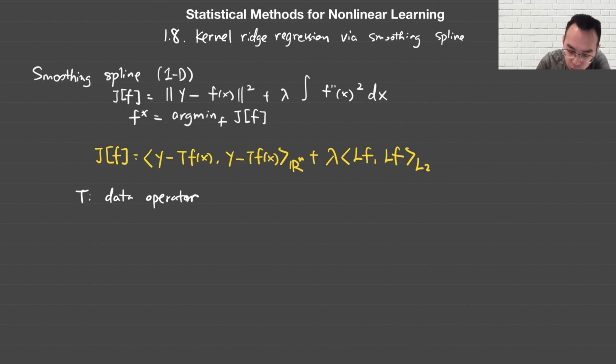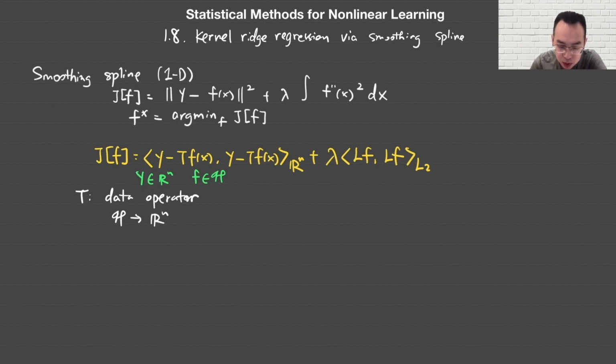So the y is finite dimensional, so that lives in Rn, and the function f actually doesn't live in the L2 space. It lives in this space H, let's call it that. So this T operator needs to map from the function space H into Rn. So that's this operator, the data operator.